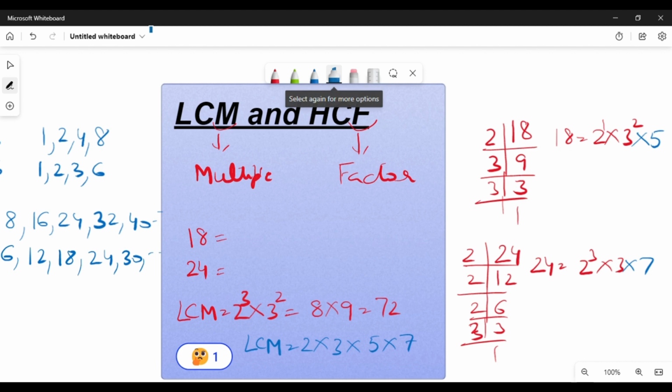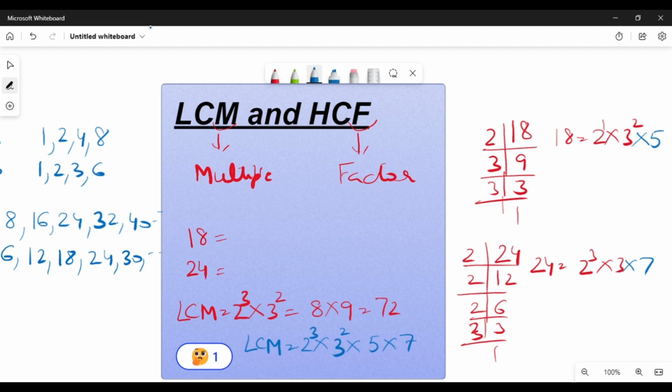You have to write all the numbers which are coming in factorization, and you have to write their highest powers. Here the highest power is 1, so 5 will remain as it is. The highest power of 7 is 1, so 7 will remain as it is. 2 cube and 3 square. So this will be your LCM.